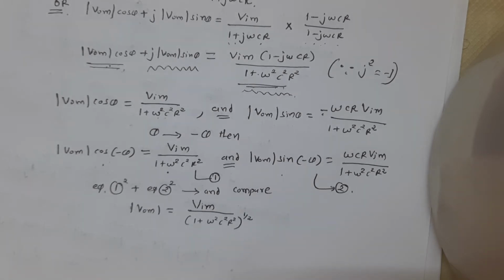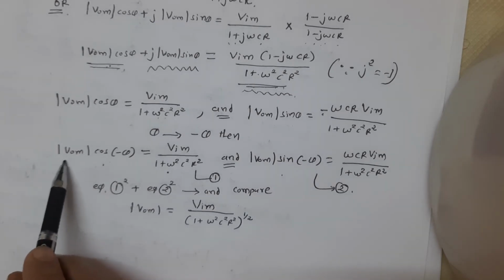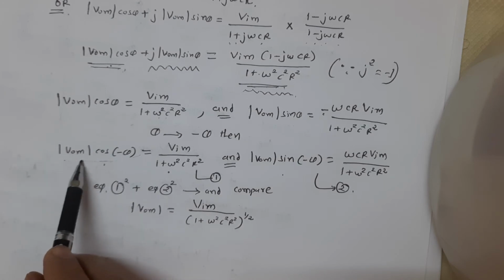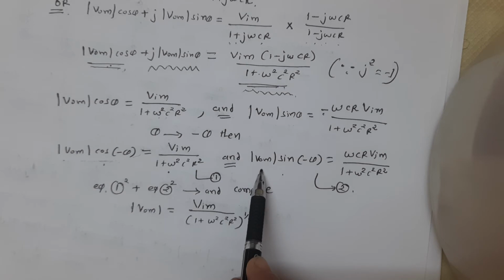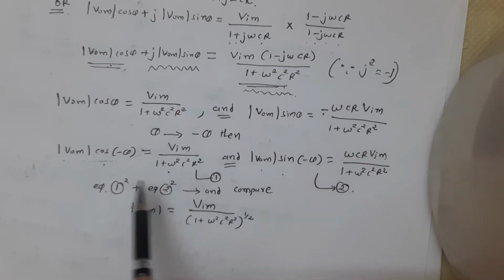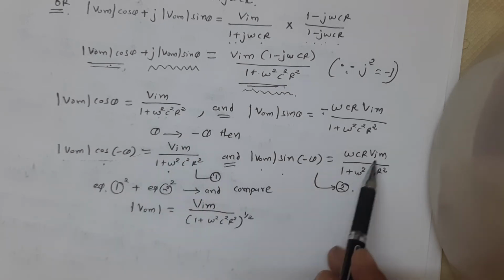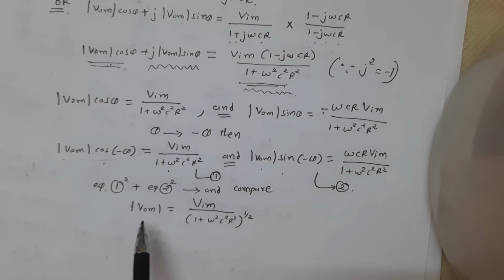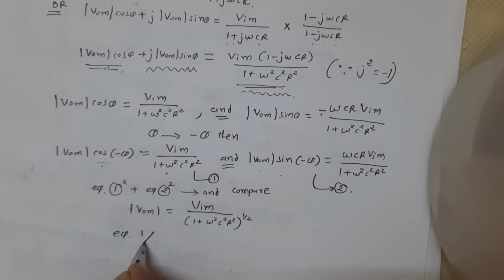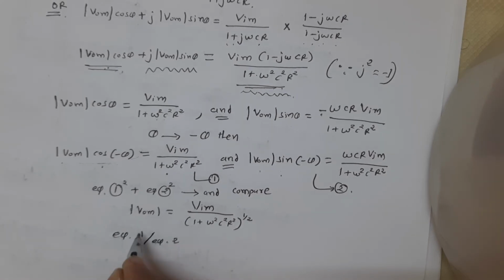See here, modulus of VOM square cos square minus theta plus modulus of VOM square sin square minus theta is equal to this square plus this square, and we take out the common parameter, and we get the final equation, modulus of VOM is equal to this.